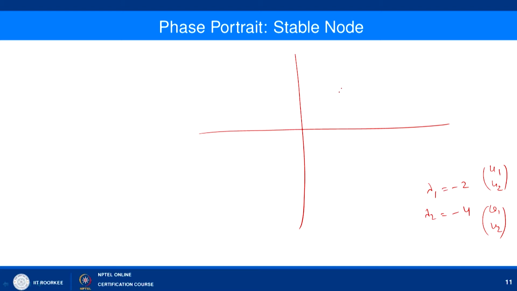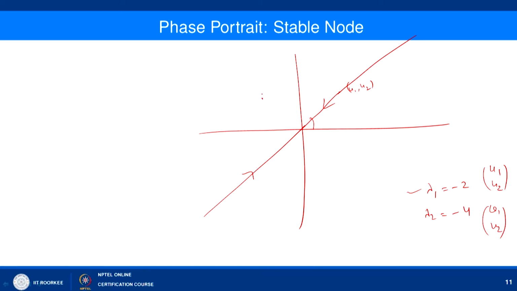This line segment represents the eigenvector corresponding to lambda 1 equal to minus 2. Now you simply extend the line segment which contains u1 and u2, and this will represent the half lines having the slope u2 upon u1.